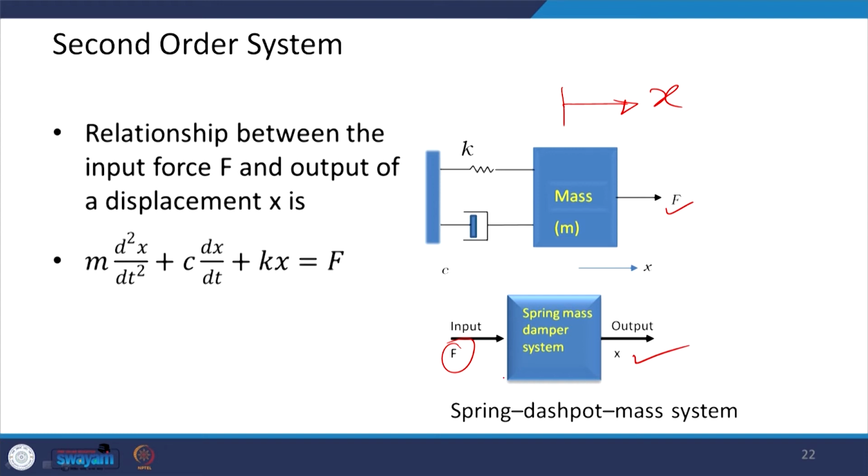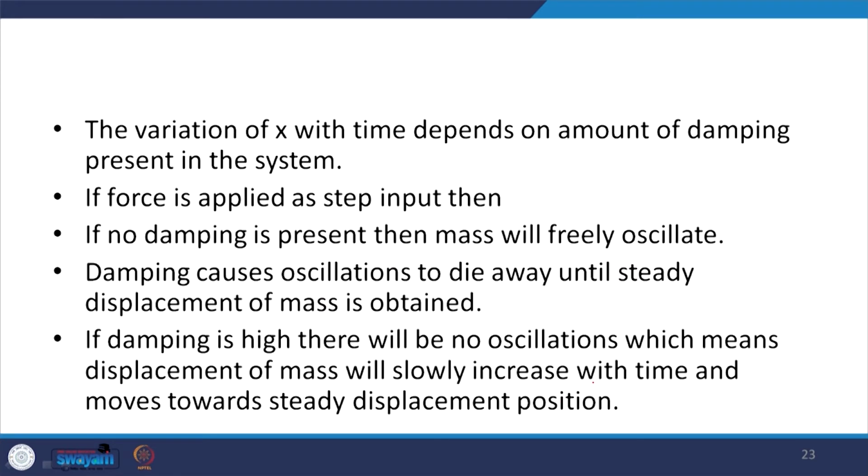I can write the equation of motion for this system by drawing the free body diagram, and it is m d square x by dt square plus c dx by dt plus k x is equal to F. The variation of x with time depends on the amount of damping present in the system, and the force is applied as a step input.